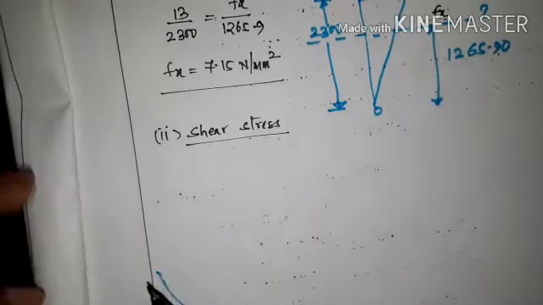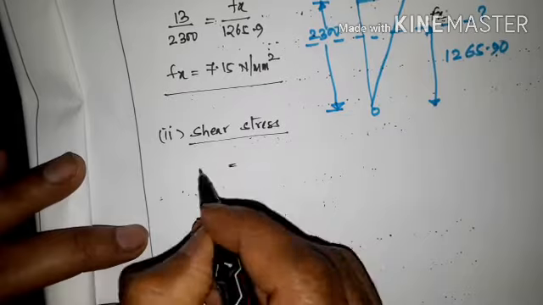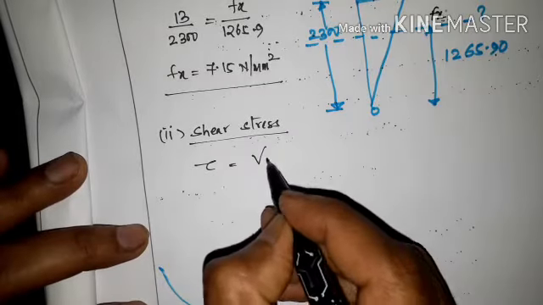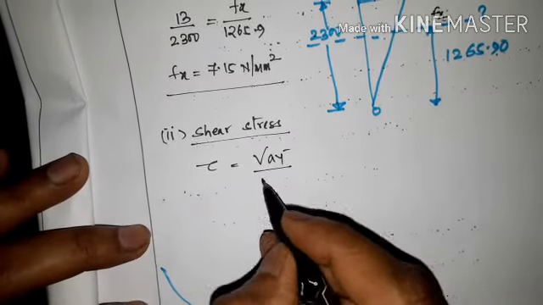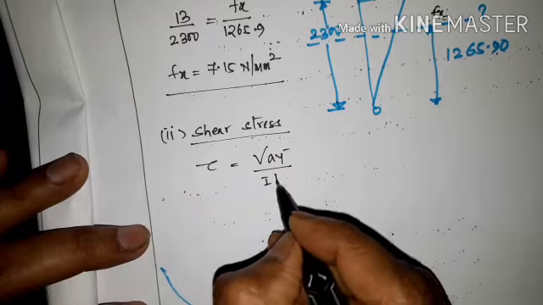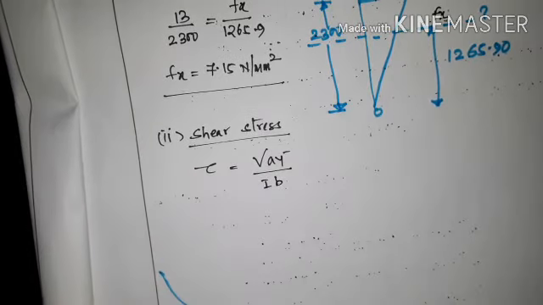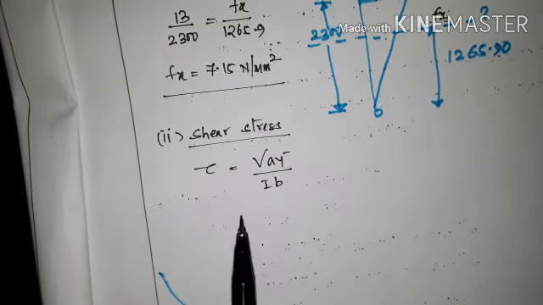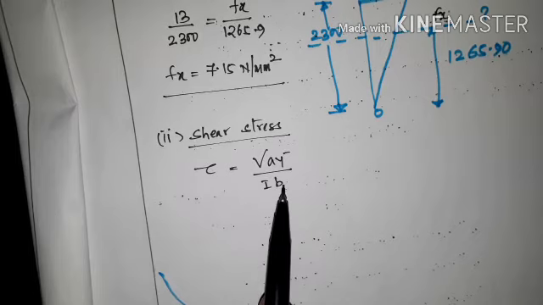Shear stress is again tau equals V A y bar upon I B. So here again we have to use the standard formula V A y bar upon I B. Understood?